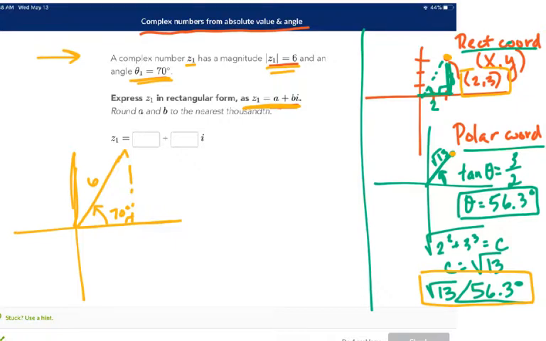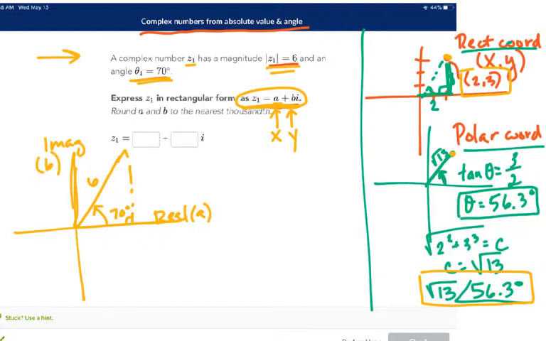So those are the given pieces of information. And if they want us to write it in this form, this is how we need to solve it. We need to basically find the x and y values. Because this isn't just a regular xy axis, this is the real number part of the complex number, or the a, and then this is the imaginary, or the b component.